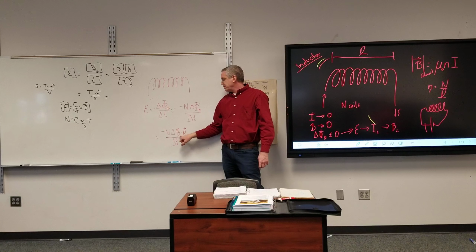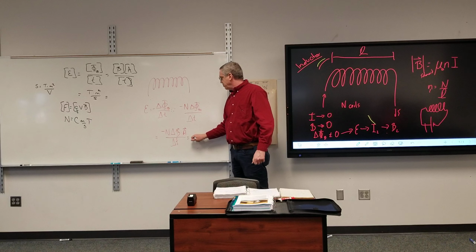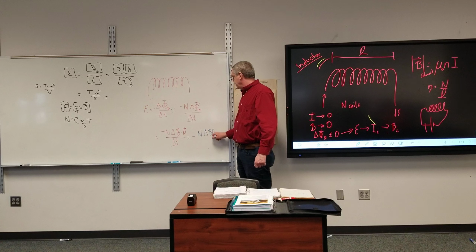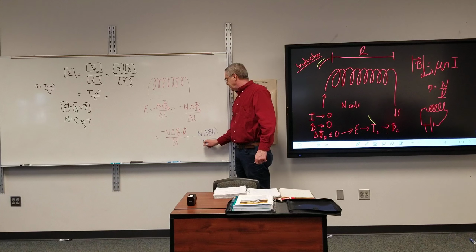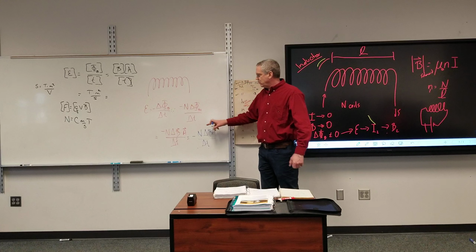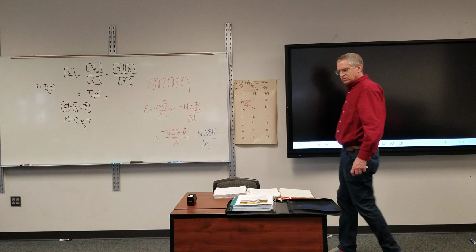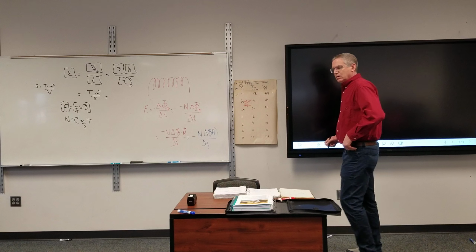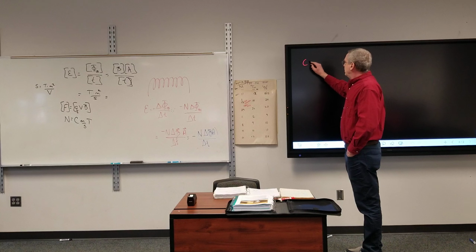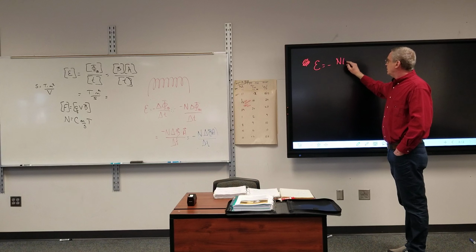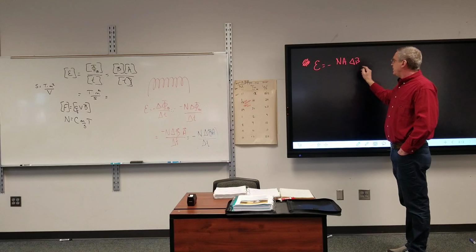So the magnetic field and the area vectors are parallel to each other. So that would be negative N delta BA over delta T. My area is constant, so it can factor out. And so the EMF is negative N A delta B over delta T.